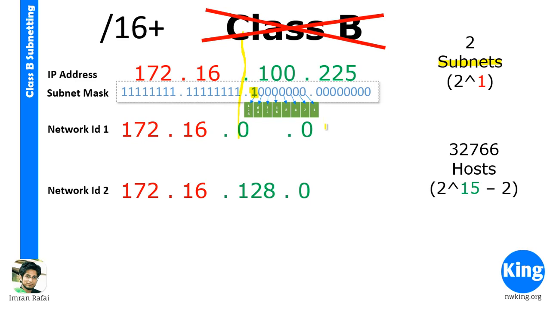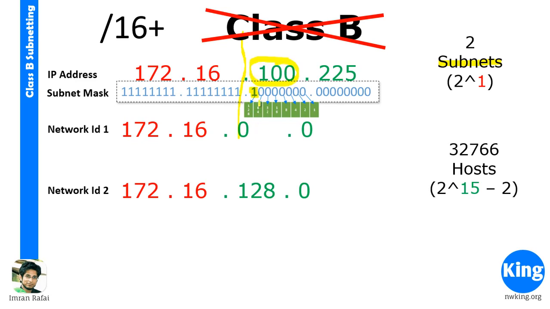How do we get the second network ID? The second network ID is got by adding the place value of the last one. The place value is 128. Now this is the critical bit. In class C, we added that to the last octet, because that last one was part of the last octet. In this particular case, the last one is part of the 3rd octet.